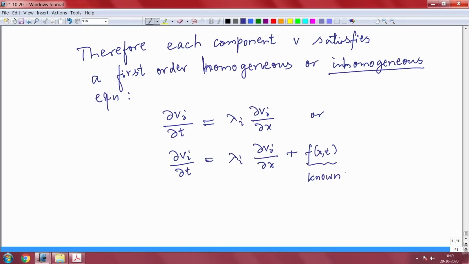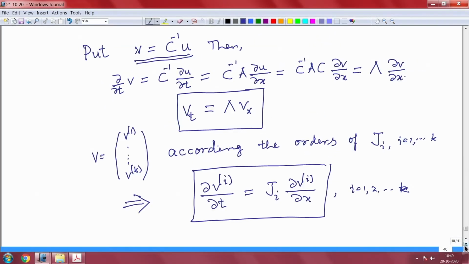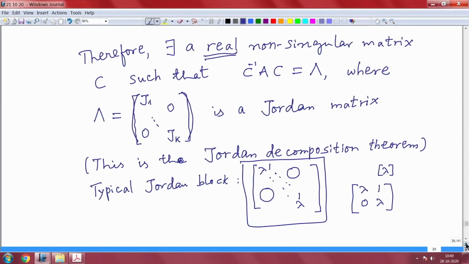So, in either case we can just use the method of characteristics and write down the solutions. So, again remember, I did not stress that. This lambda, this J1, J2, Jk. Each one will look like this, there is a lambda there.